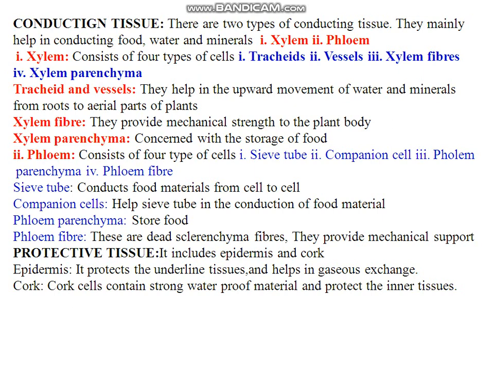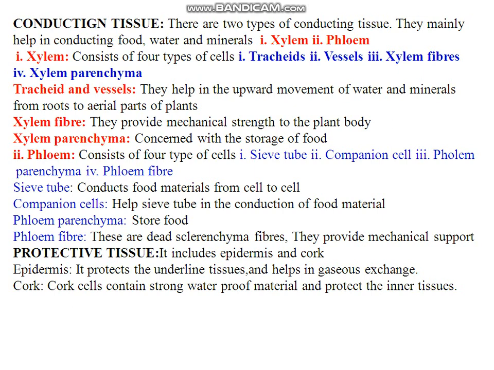Now protective tissue. Obviously from the name you can get an idea. Protective tissue provides protection to the plant parts. Protective tissue includes two types of cells, that is epidermal cells, or you can say epidermis, and cork.